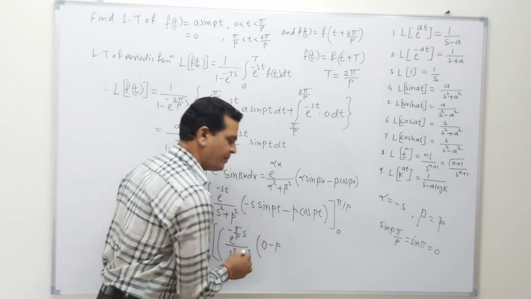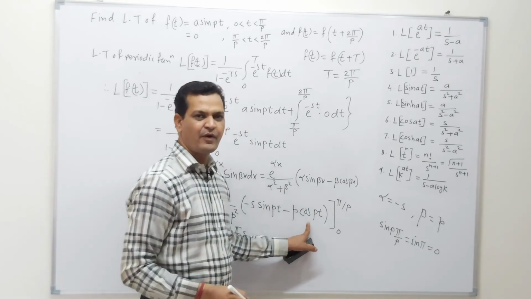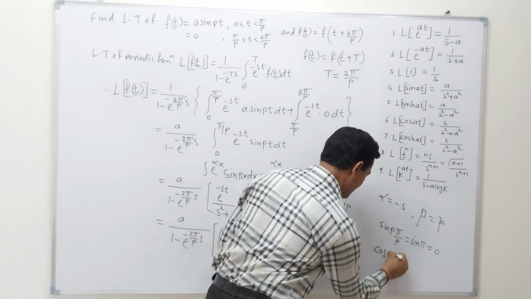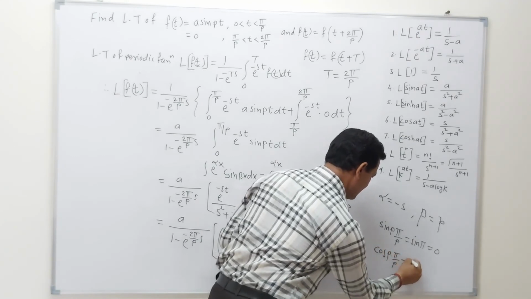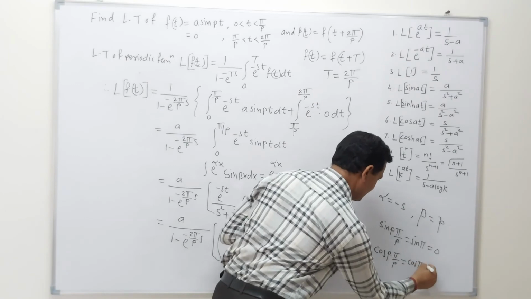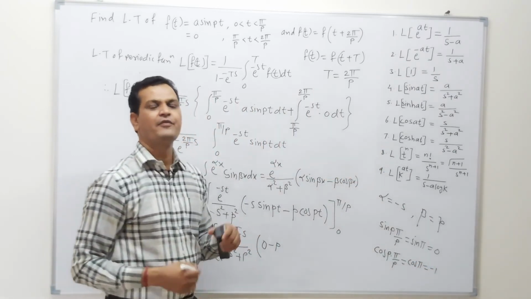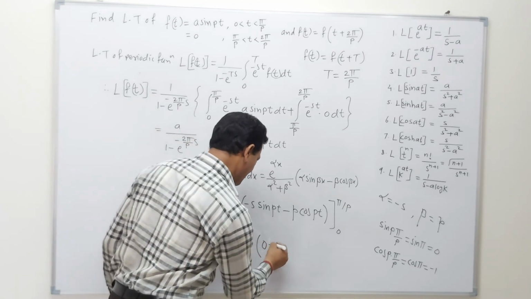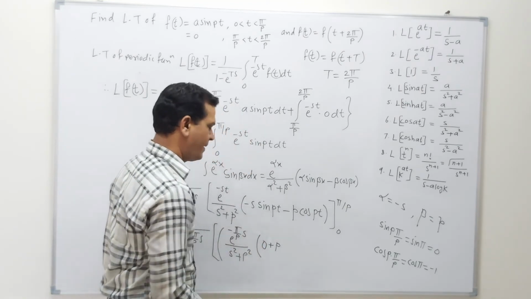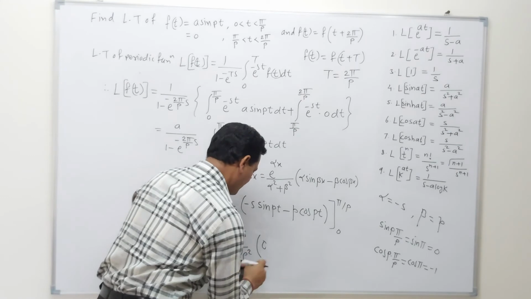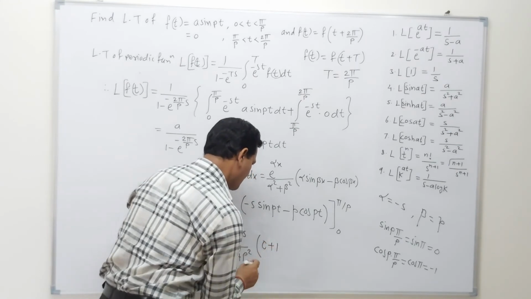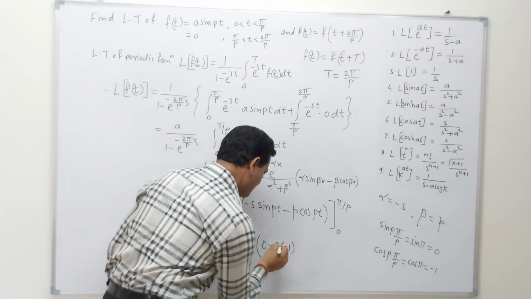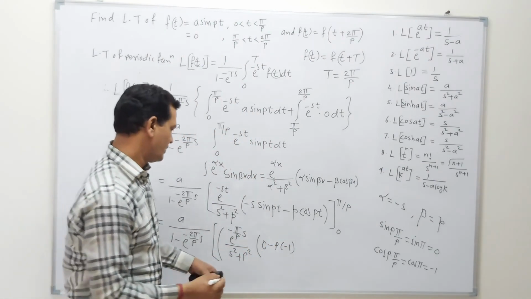Minus p, then again put the value of t for this second term: cos of p into pi by p, so we get cos of pi, and we know the value of cos of pi is minus 1. So this is minus p into minus 1, so write it down as it is.